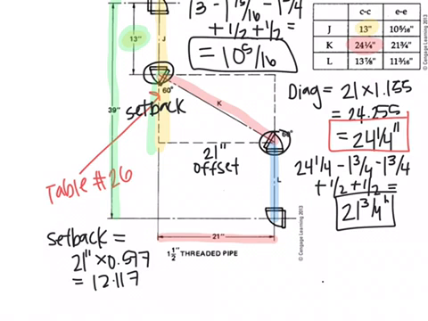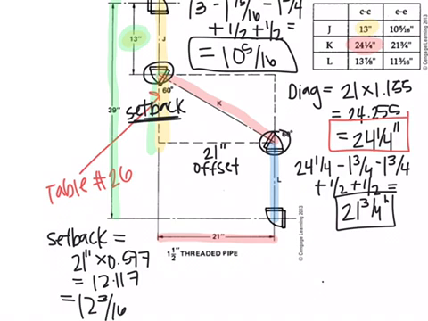And 12.117, if I convert that to a fraction, is 3/16. So 12 and 3/16. So that means that this measurement right here is 12 and 3/16.